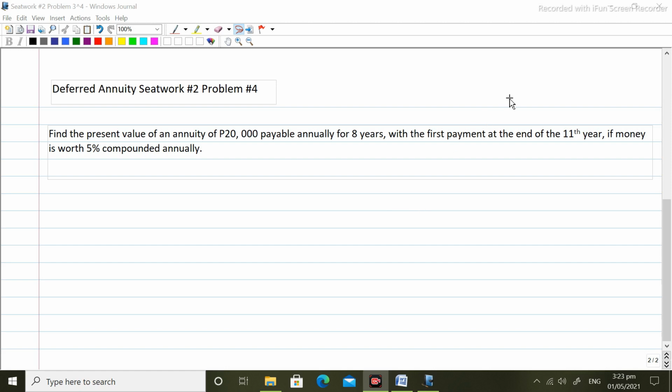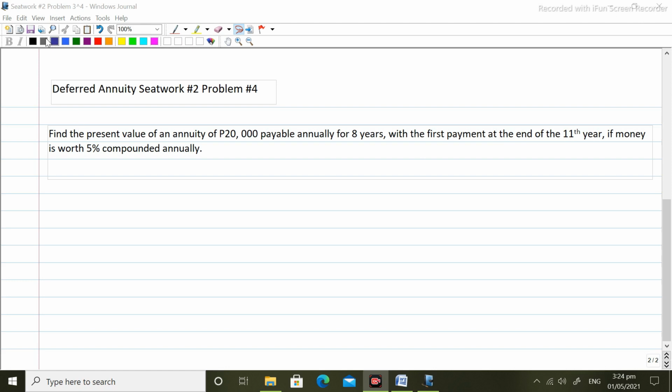So, meron tayong 8 payments payable annually for 8 years. So, kada taon, mayroon tayong 20,000 na payment, with the first payment at the end of 11th year. So, yung unang bayad dun sa pang 11th year.